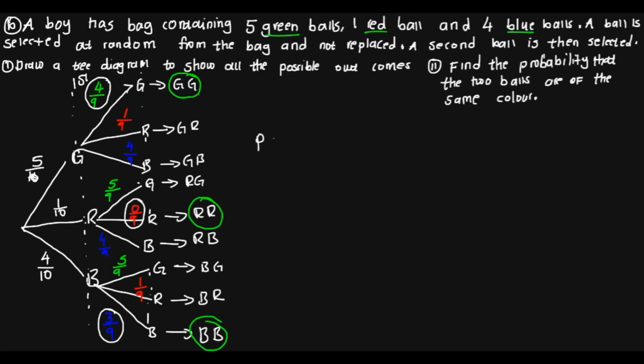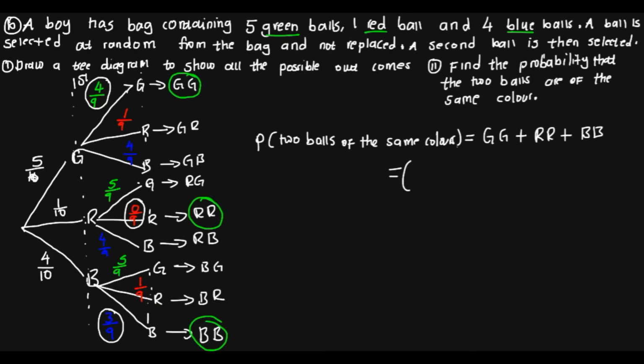So say probability of two balls of the same color. This will be GG plus RR plus BB. Now let's do the math.